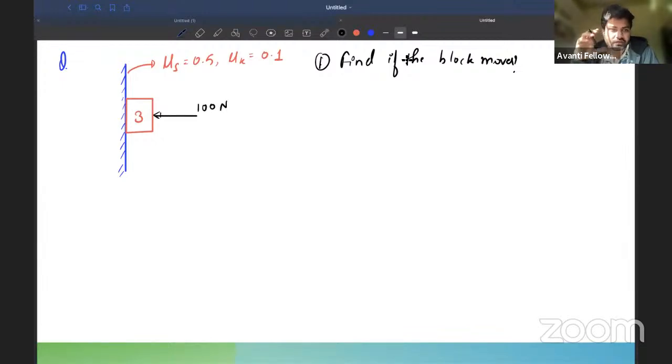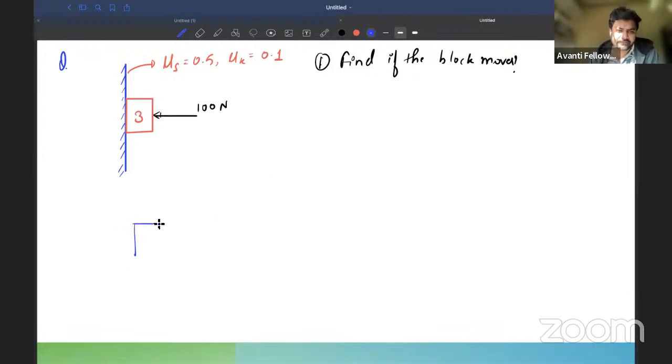Move मतलब it will fall or it will rise. Okay. समझ में आया question? Block 100 Newton force and friction is there on the surface. So this block will move or not. समझते हैं. Let's understand how to do this type of question.